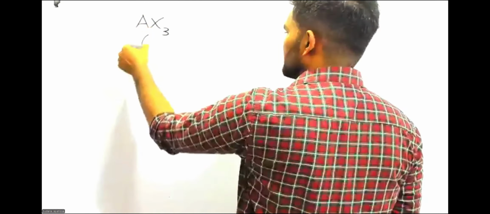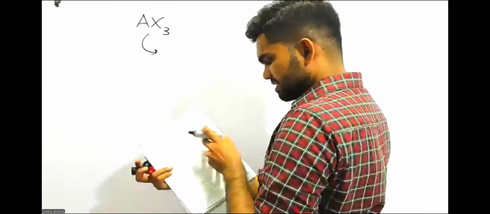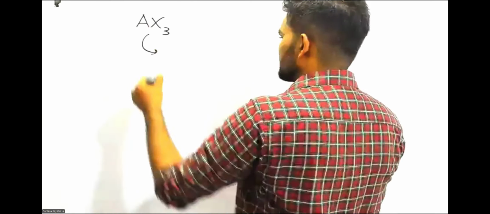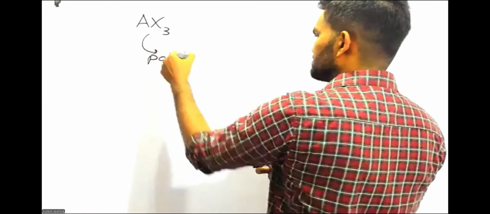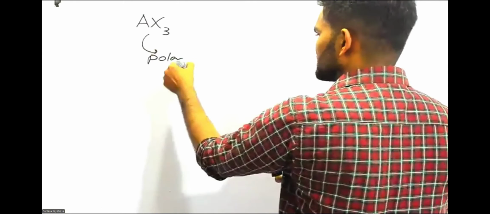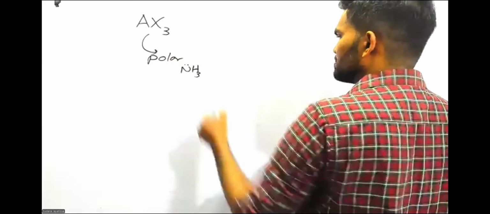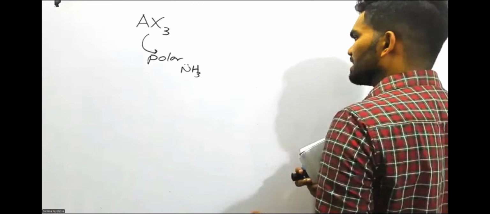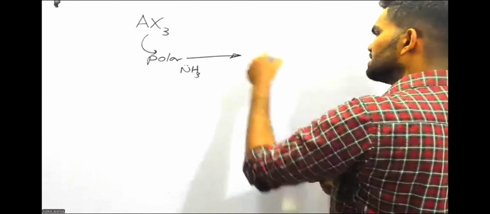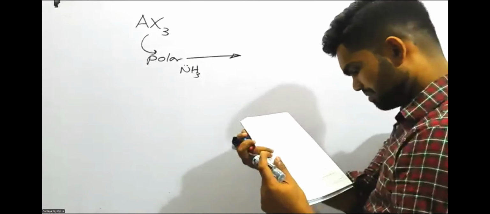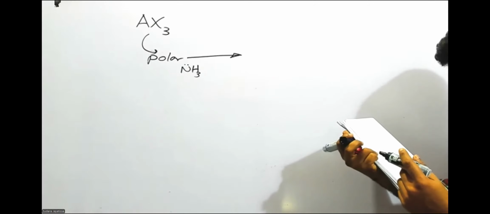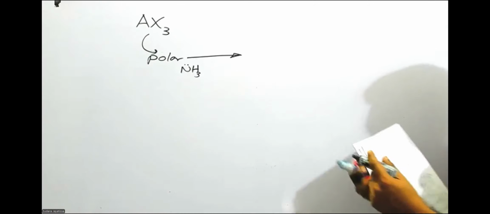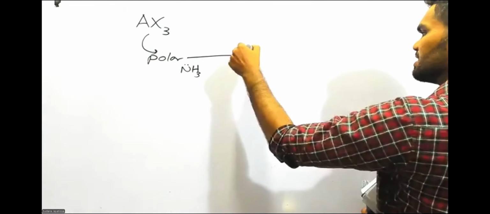So AX3, if it is what they are first asking, polar. If it is to be polar, you can just recall some examples. NH3, which is polar. So we are asking for the shape, right? Shape is trigonal pyramidal.